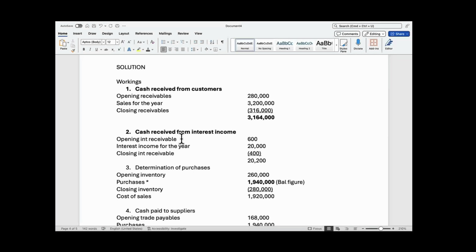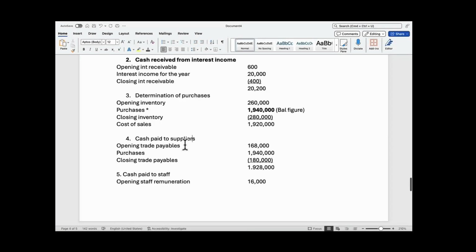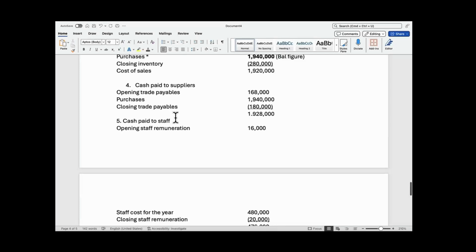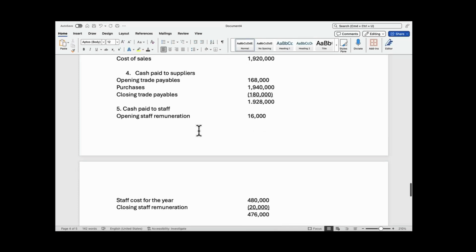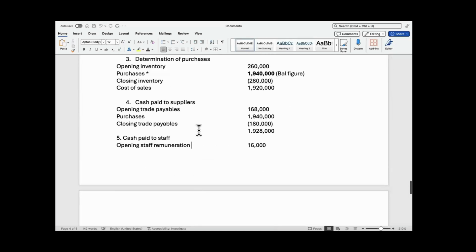For my purchases, I got my purchases first for the cost of sales, then from that purchases I use trade payables, because that's what I use to know who I'm owing. For staff, it was very specific that there was some staff remuneration that I'm owing, and it is there in the balance sheet. Everything is done the same way.